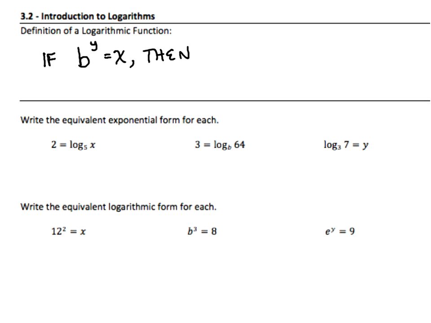Then, if I want to write this same exact thing in logarithmic form, that would be log base b of x is y. Okay, so I know that looks really scary and probably confusing, but we'll make it clear as mud before the end of this lesson.